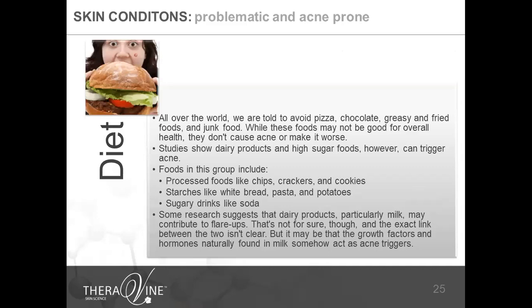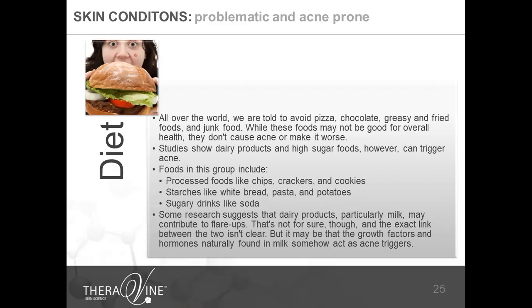Then with diet. Now, with diet, people will say avoid pizza and chocolate, junk food. You know, we know that they aren't good for our health. A lot of people will say they don't cause acne or make it worse, it's just a myth, it's not going to do anything to your skin. There have been a lot of studies that show that dairy and high sugar intake can definitely trigger acne.